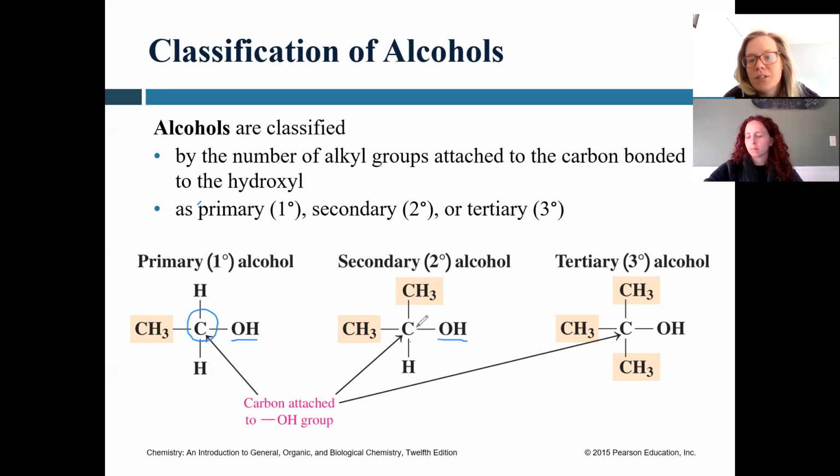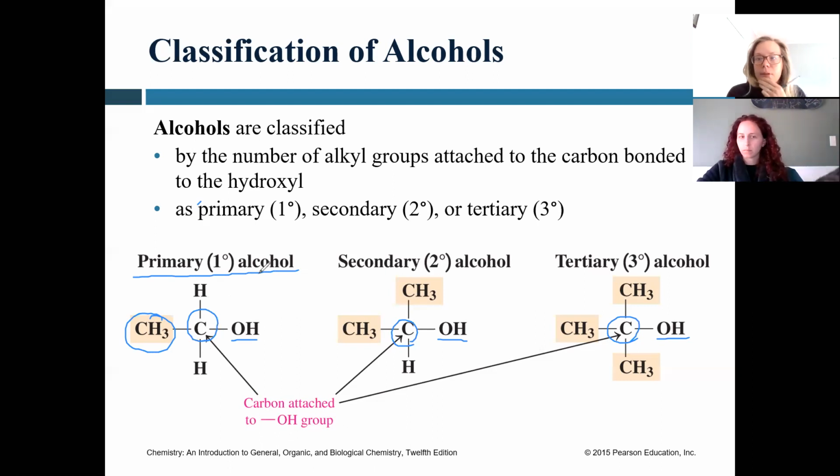This OH is attached to this carbon. And this OH is attached to this carbon here, right? So you go to that carbon and you see, hey, how many carbons is it attached to? How many alkyl groups is it attached to? If it's only attached to one carbon group, like this guy here, and it has two hydrogens, we would call this a primary alcohol. In general, primary alcohols happen at the end of a carbon chain.